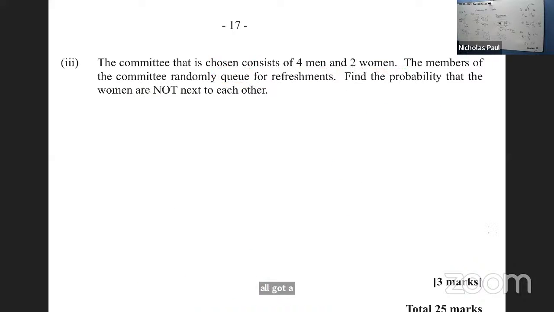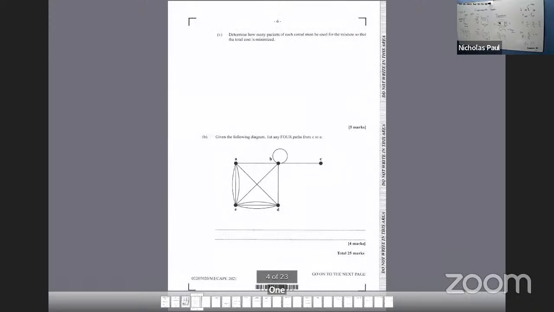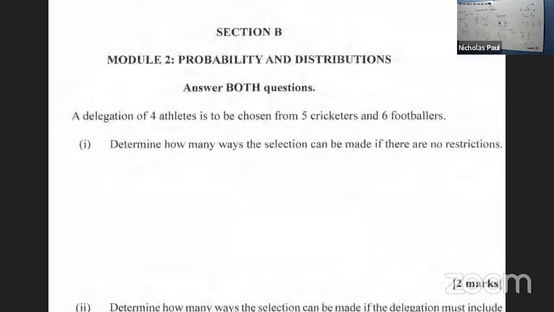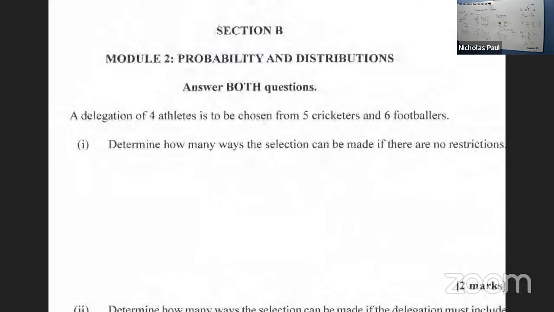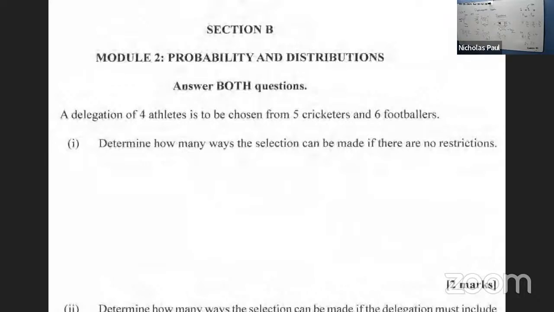Next one. 21 had one, right? 21. That's what we do when we do pay.